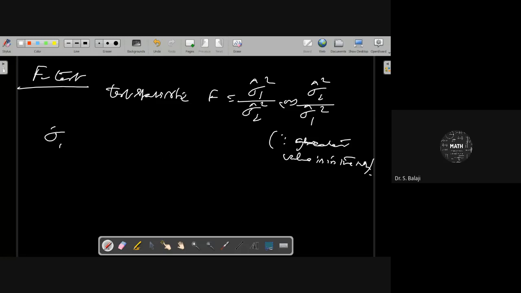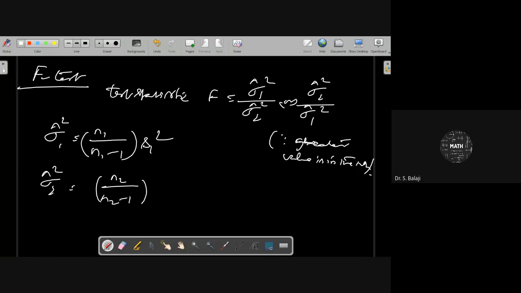Suppose you have to calculate from the sample, that can be done by sigma 1 cap square equals n1 by n1 minus 1 times s1 square, and sigma 2 cap square equals n2 by n2 minus 1 times s2 square. From sample variance, we can calculate population variances.